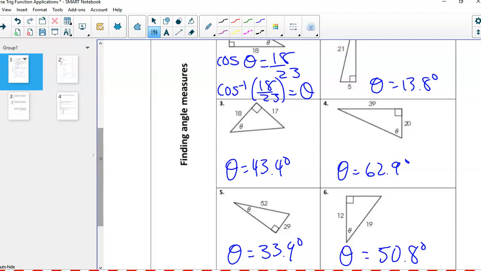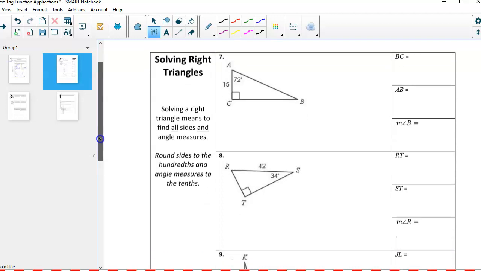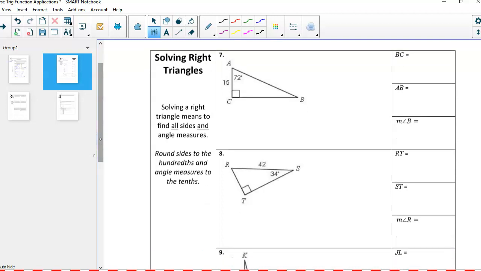Okay, so that is just finding one missing angle if we have a right triangle. Later, not this unit, in a later unit, we'll talk about solving triangles that aren't right triangles. For these, when we are actually solving, we're looking for all of the missing pieces. So that's the other side or sides, the other angle or angles. And for these, you have a lot of different options.